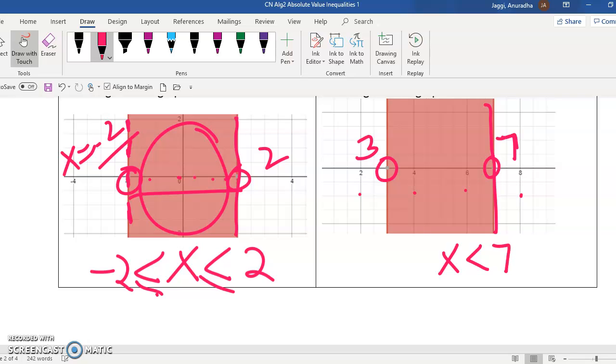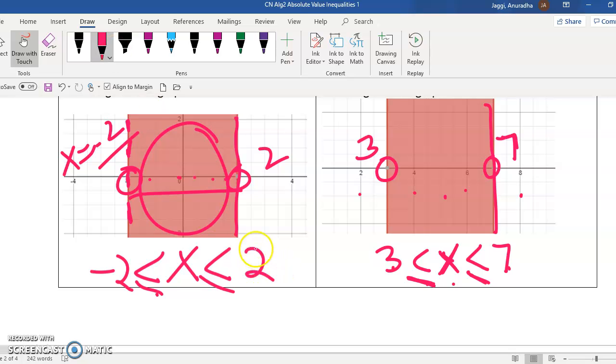So that's how, when you type in your absolute value inequality in Desmos and the graph looks like this, you convert it into something which does not have an absolute value, called a compound inequality. So x lies between 3 and 7, and 3 and 7 are included.